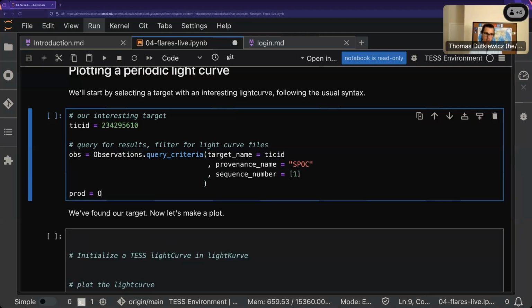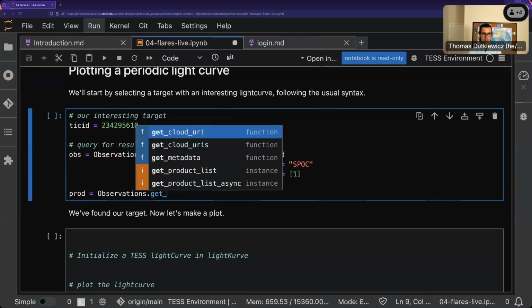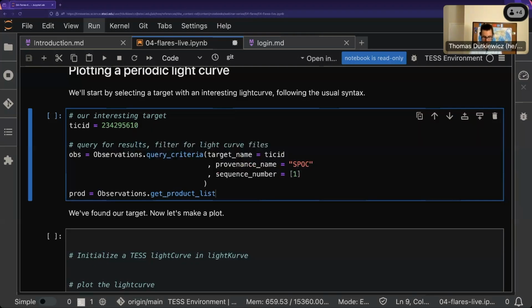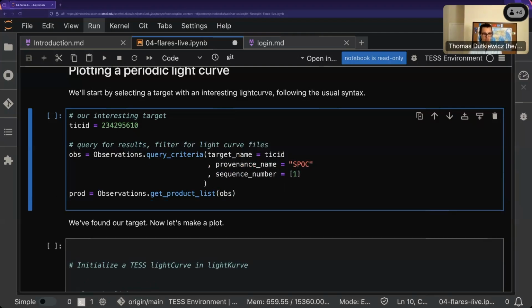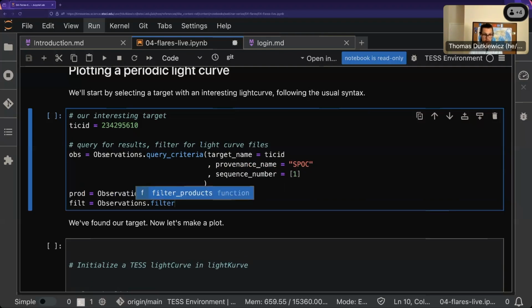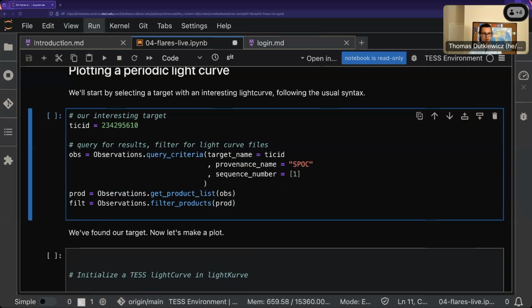We'll get our products with observations.get_product_list. Pass in the obs. Our filtered products are observations.filter_products. Pass in the products and pass in the desired filter.